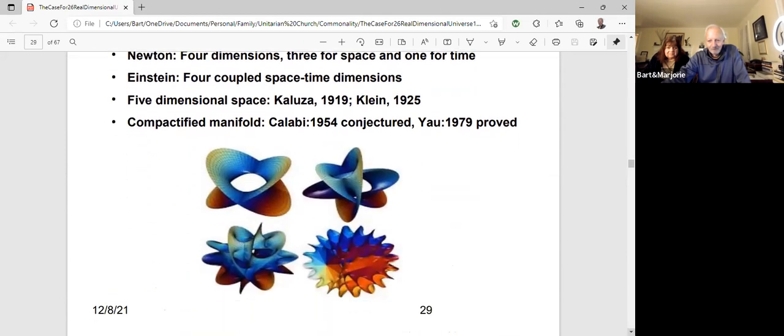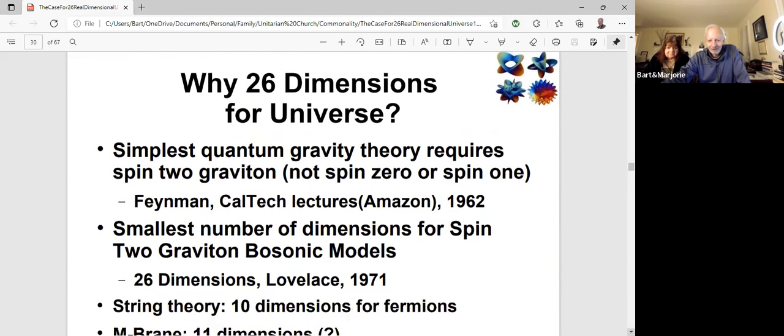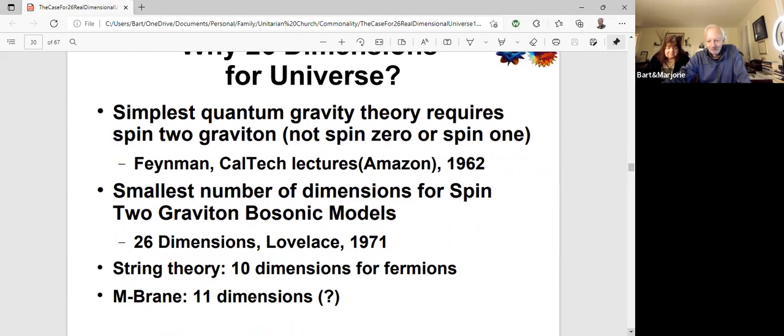And then we have all of this work that's been done on these compactified dimensions. We touched on why there's more than just 3 spatial and 1 time dimension in order to actually have a theory that works at the quantum level.